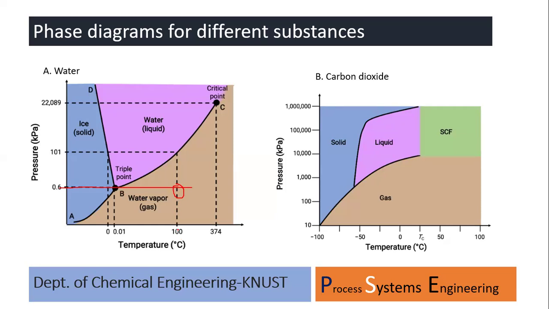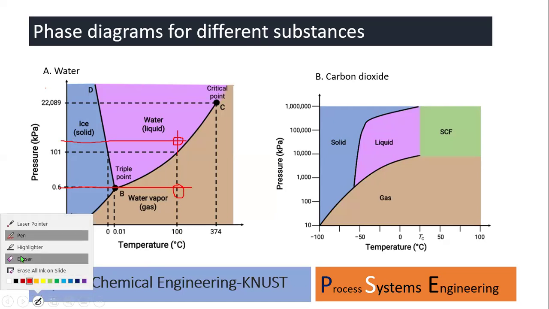But then if I'm at 100 degrees Celsius and then I'm at maybe, let's say, 105 kilopascal, so let's say that's somewhere here, and then the 100 degrees Celsius line was here, realize that now I'm going to be a liquid. Is that okay?